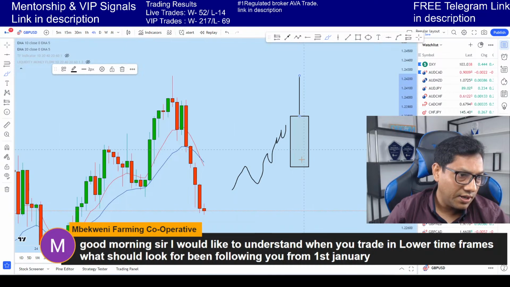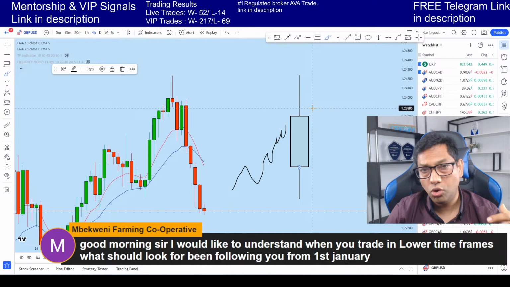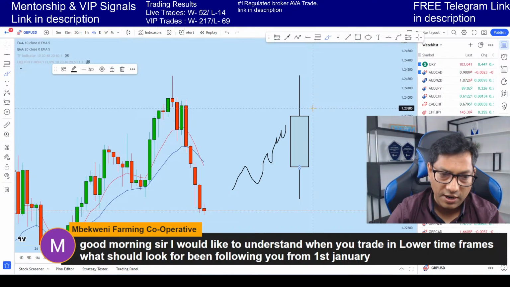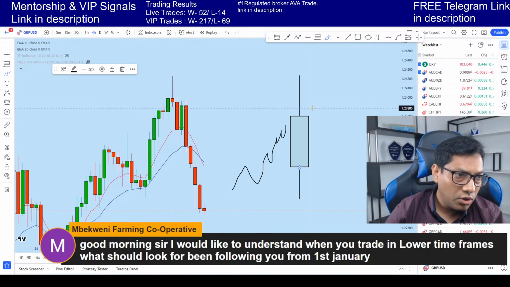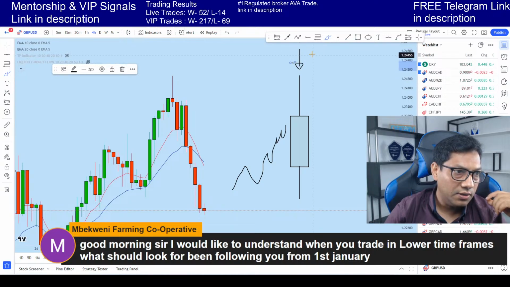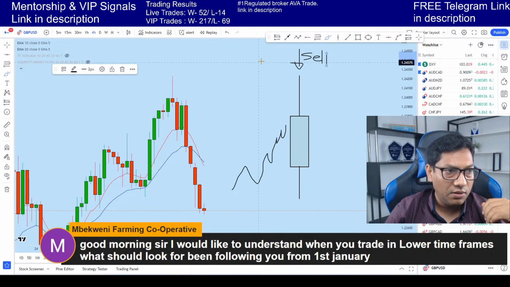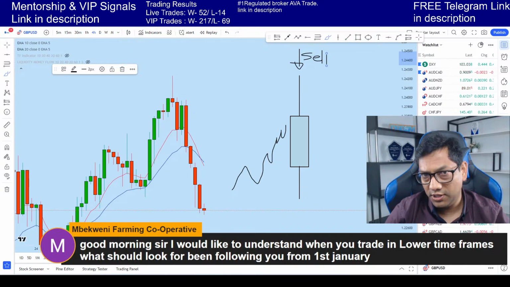A big sell candle. Now according to my strategy, I have a strategy that I mostly use on the higher time frame, on the 4 hour, and I also recommend my students to use it on the higher time frame. According to my trend following strategy, as an example, it has given me a sell signal. Now if I'm trading on the 4 hour, I can sell and keep a stop loss according to the strategy.